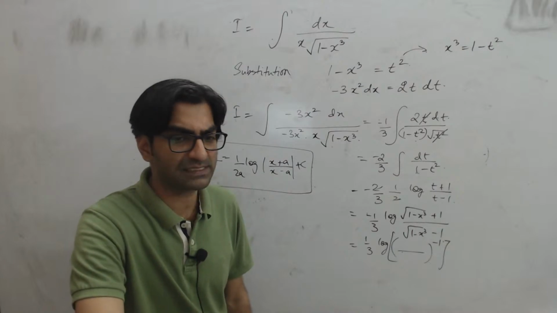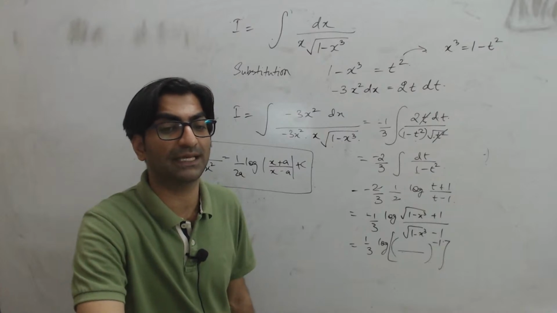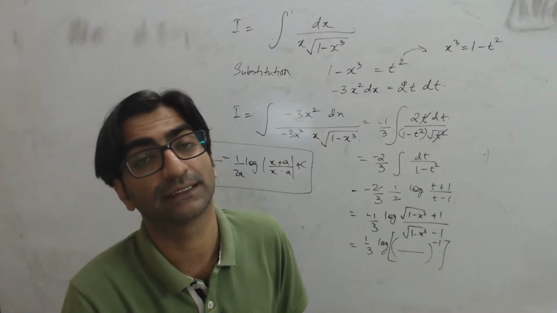By the way, guys, I think there is some confusion in question number 5. 1 plus sin x is not there in the power. It is e power x into 1 plus sin x.